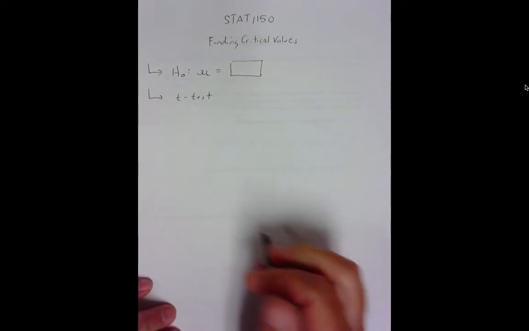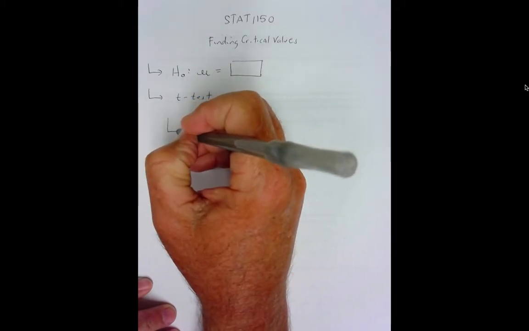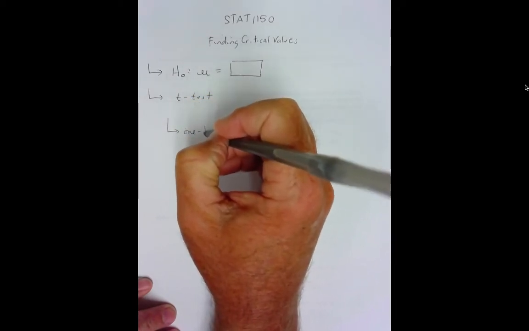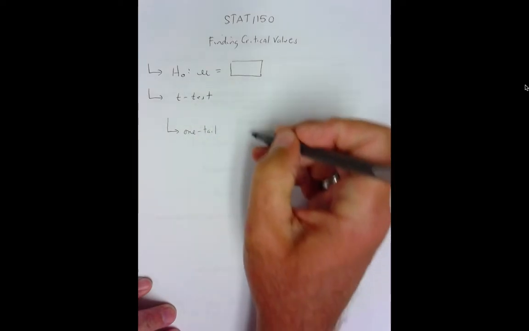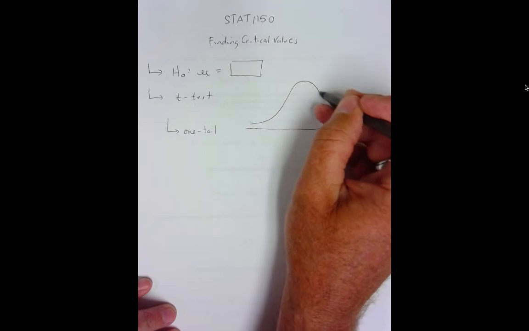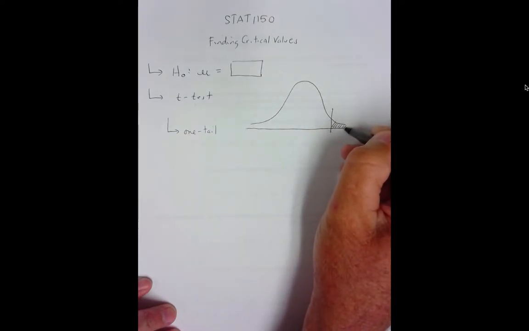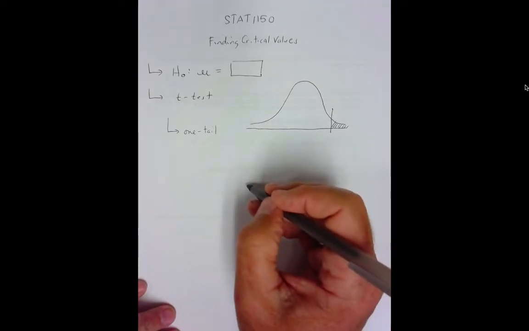Now, we've got three types of t-test. We have a one-tail test, which can come in the form of an alternative where we're testing greater than, where our reject region is above.